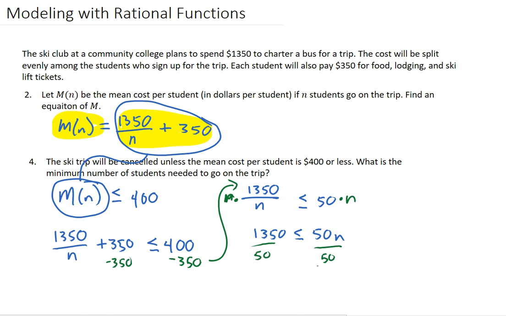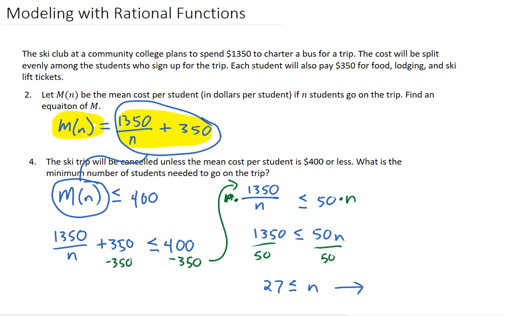You don't want to get ahead of yourself and flip things around. So try to keep it so that each side is where it's at. Because of the inequality, you can get yourself mixed up if you try to flip too much at once. So that gives me 27 is less than or equal to n, just bringing the inequality sign and the two sides of the inequality sign straight down.